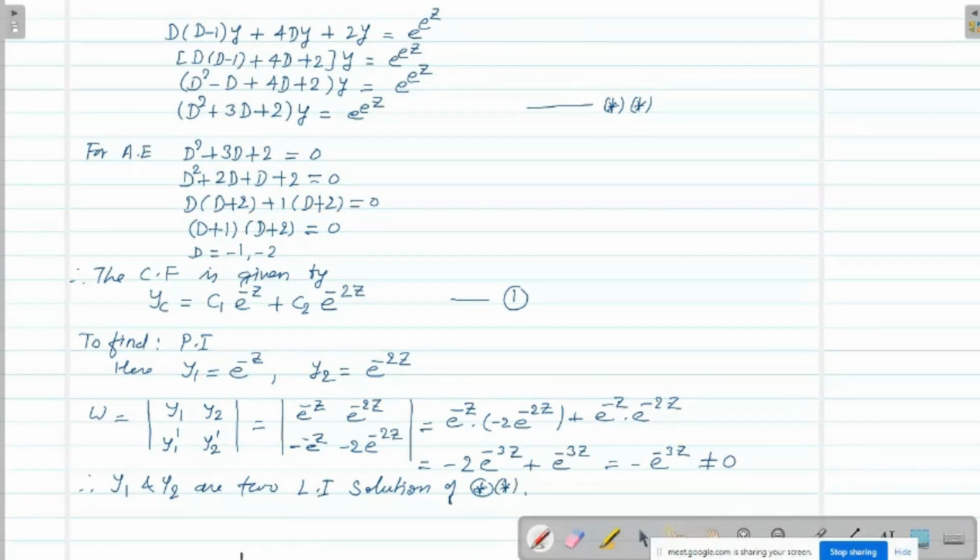Now we find u and v. So for the particular integral we will determine u and v. Let us move to the next page. So we find u.